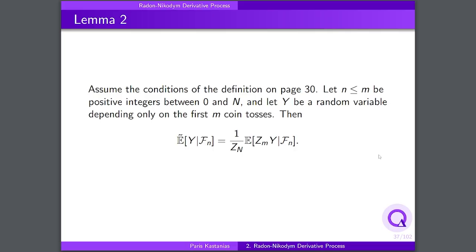Then this theorem will hold true. The risk-neutral expectation of Y, given the information up until n, is equal to 1 divided by Zn, multiplied by the actual expectation of Zm times Y given the information up until n.